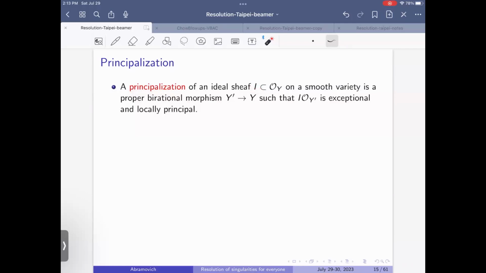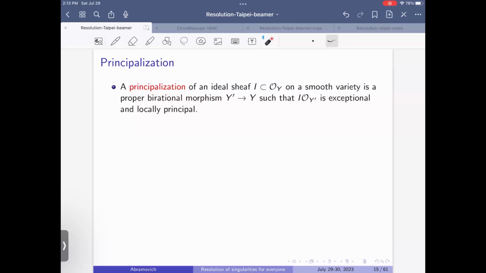So say you have an ideal sheaf I on a smooth variety Y. Principalization is a proper birational morphism such that the ideal you get is exceptional and locally principal. This is a very weak requirement.